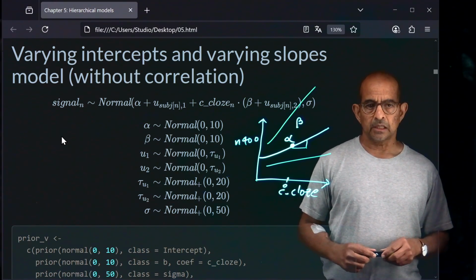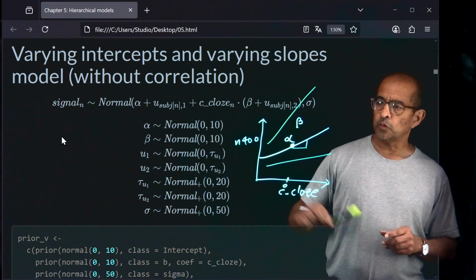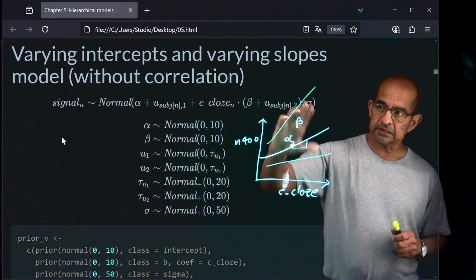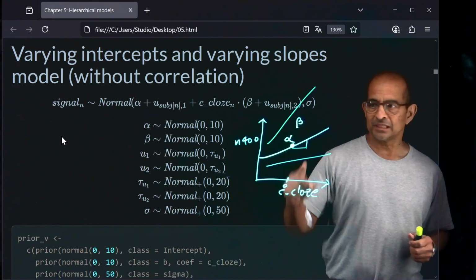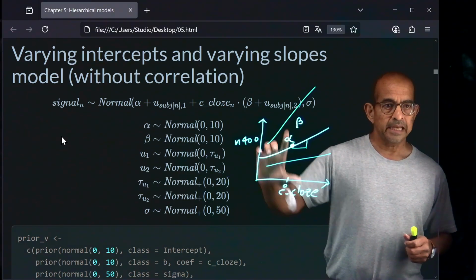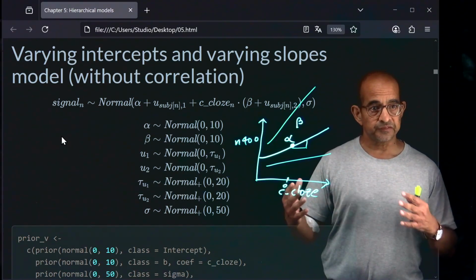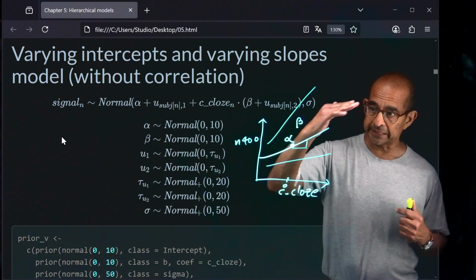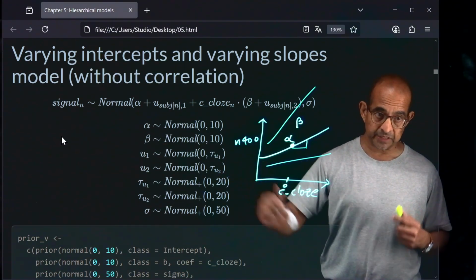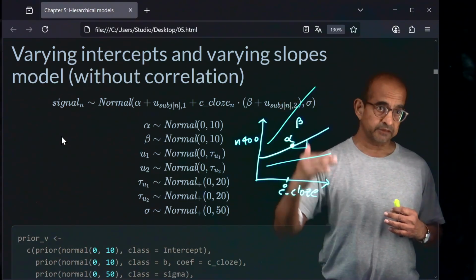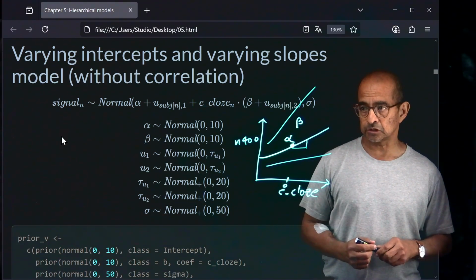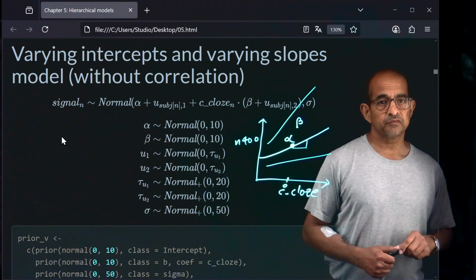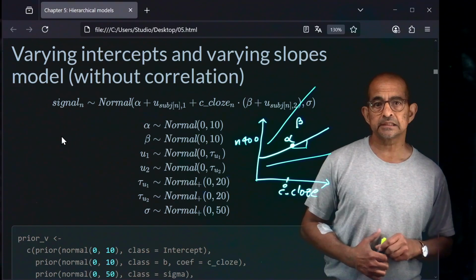What we are going to do now is fit a model that has the characteristics of both these two extremes, the fixed effects model and the no pooling model. So we'll fit a hybrid model that has both these properties. It will take into account the grand mean average effect as well as the individual level differences in the intercept and slope for each participant. That's what varying intercepts and varying slopes, or a linear mixed model, is.